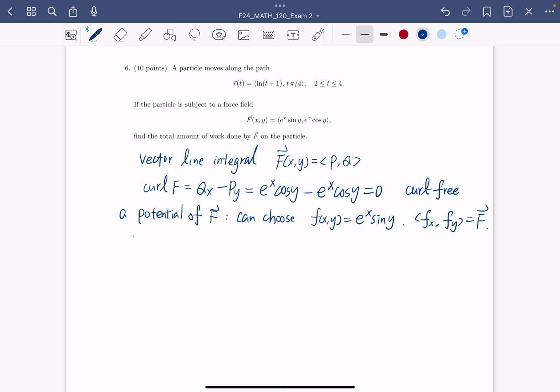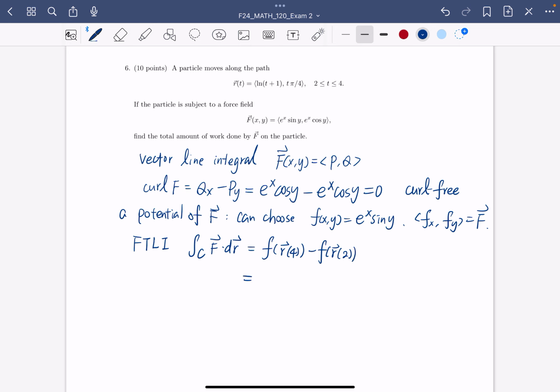So the fundamental theorem of line integrals says that if we're computing this vector line integral, it equals computing, more like the fundamental theorem of calculus because we have a potential, we plug in our endpoint and our starting point into the potential little f.